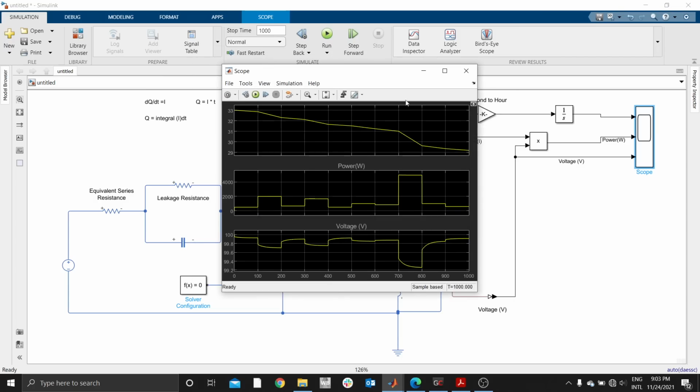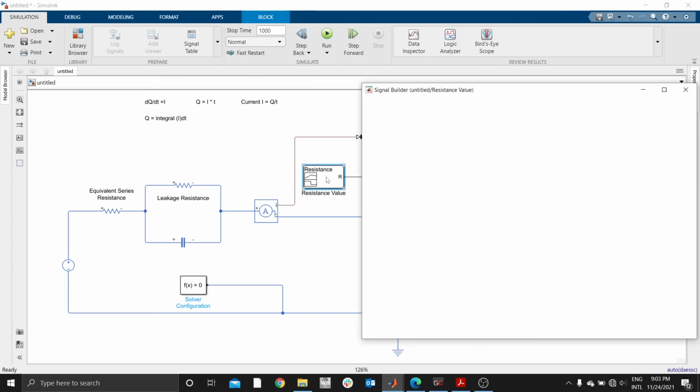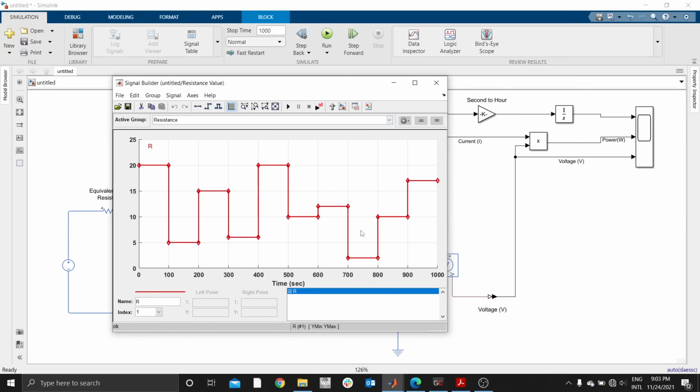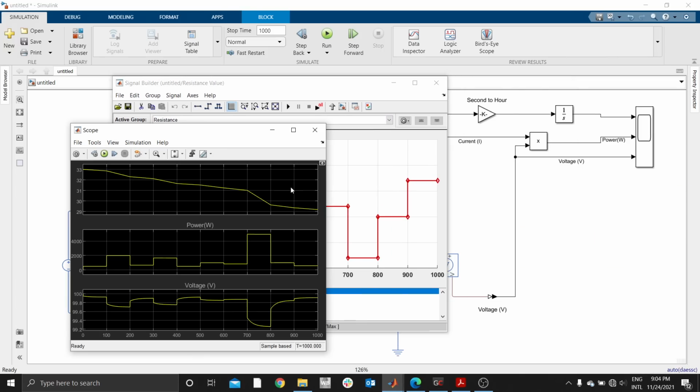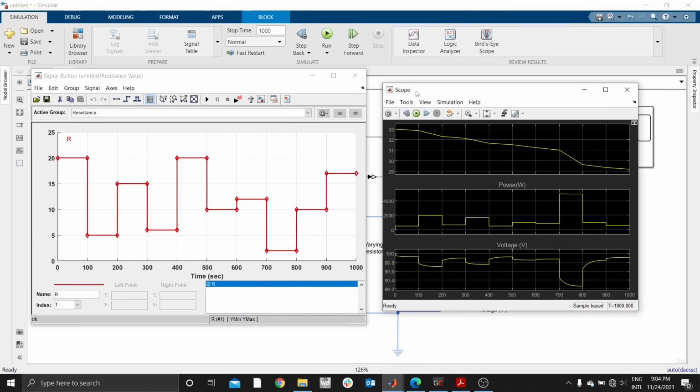Let me open the graph for the signal builder and do the comparison here. Let's do some quick comparison and see what is happening. Higher at 20, this is the power. When the resistance is very high, the power is small.